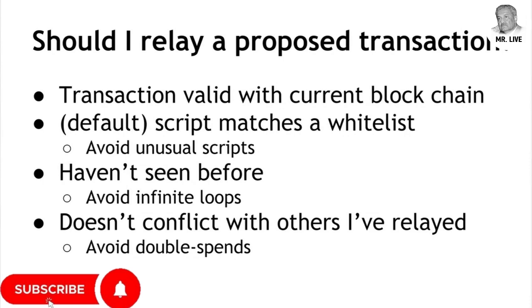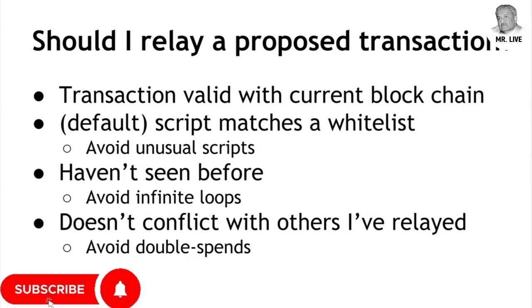And if all of that checks out, then this looks like a valid transaction that they should try to relay. With a couple of other caveats, by default, nodes won't relay the transaction if it's a non-standard script. If the script has any weird features, if it doesn't match a fairly simple whitelist of scripts that nodes know about, even though it's a valid transaction, the nodes won't relay it.